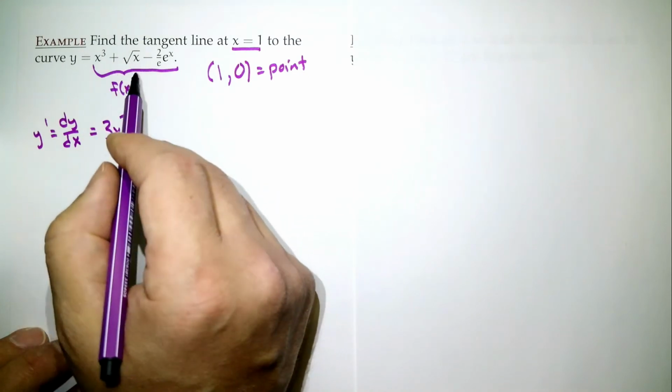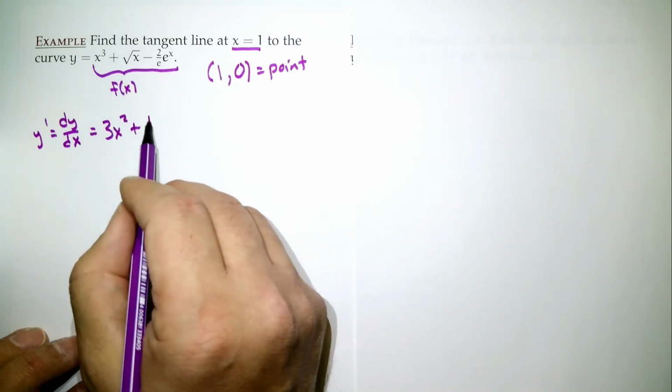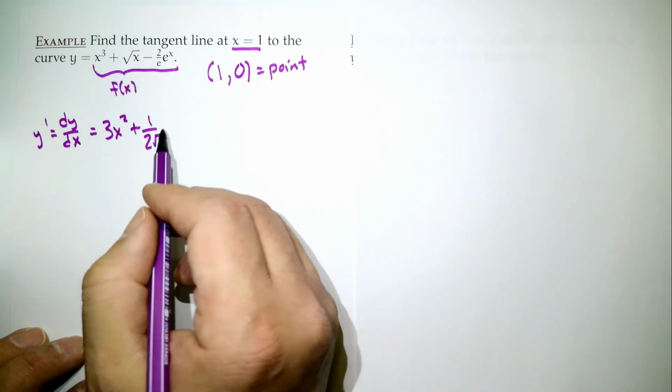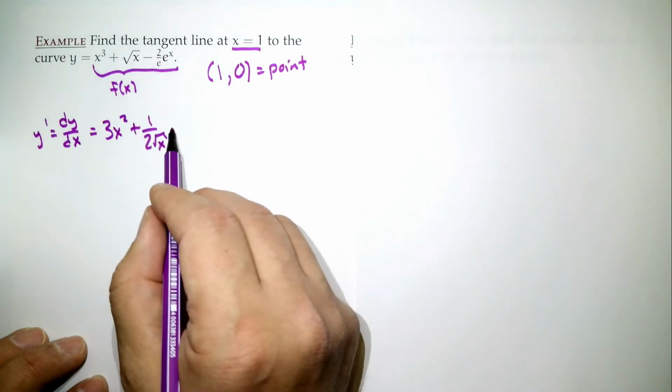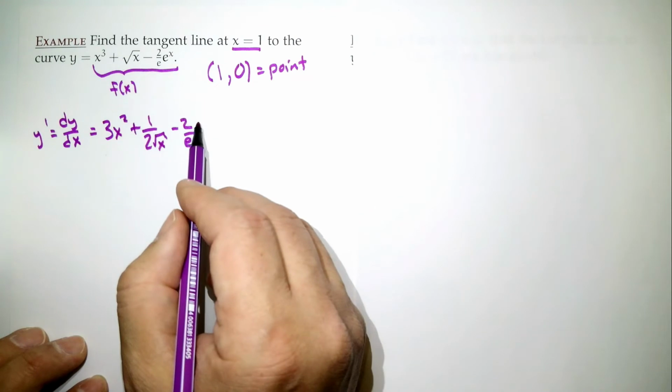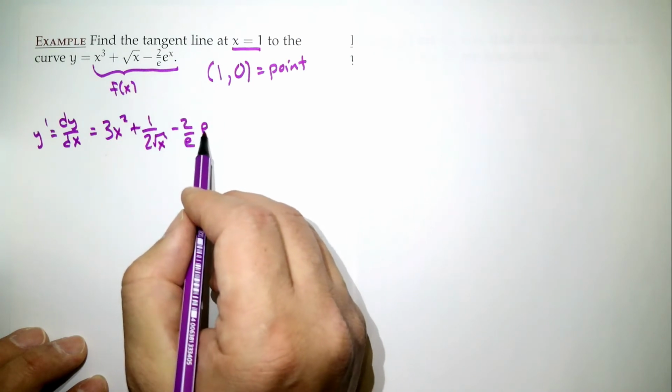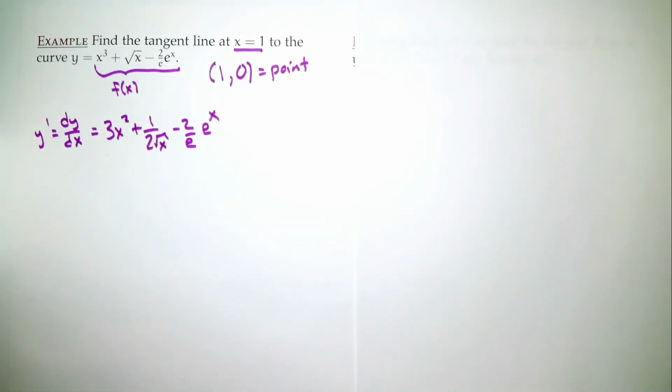The derivative of square root of x? 1 over 2 square root of x. The minus 2 over e, that's a constant, times the derivative of e to the x, which is e to the x. So this is what we hope you should get to. It's the point where you feel comfortable enough to just write that derivative down. That's where we want you to be. And with practice, you'll get there pretty soon.